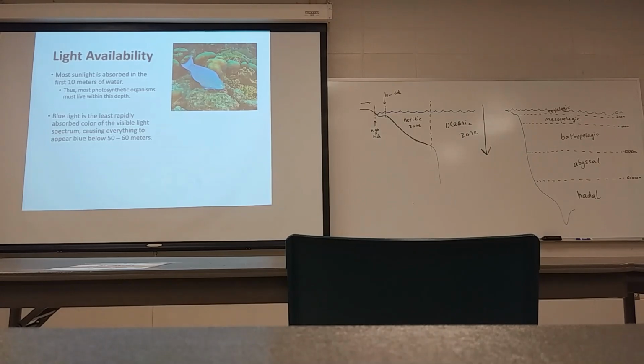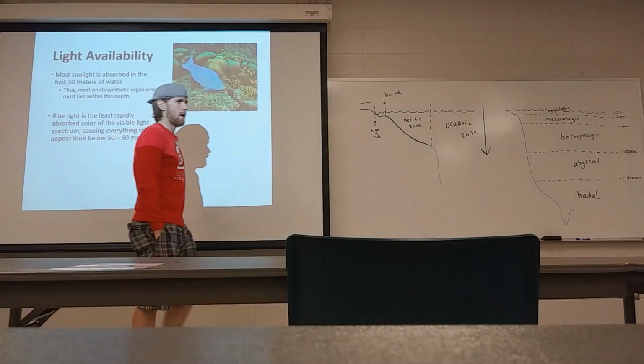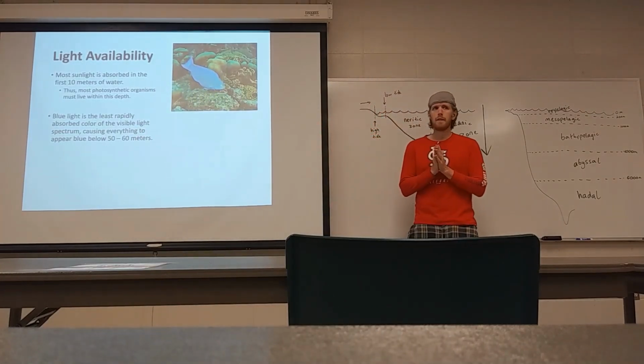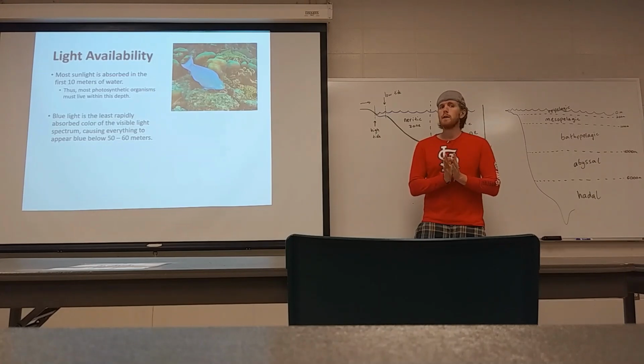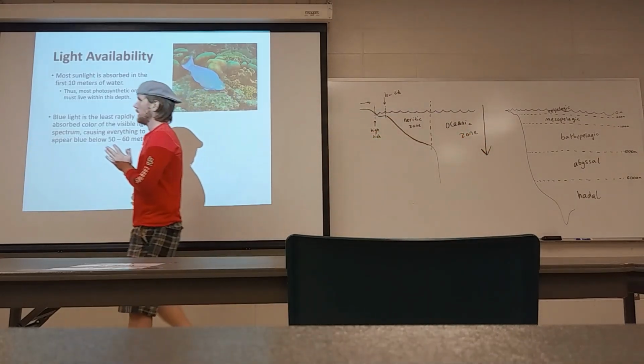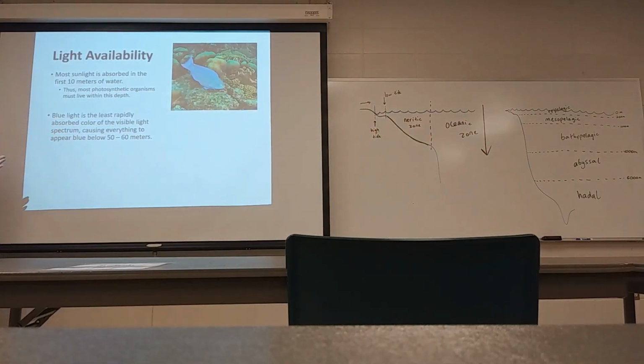The reason why things look blue underwater, by the way, is because blue light is the least rapidly absorbed color of the spectrum. So you have visible light, and different wavelengths of visible light correspond to different colors. The wavelengths that correspond to blue are the least rapidly absorbed in water, which causes us to perceive things under a certain depth as blue.